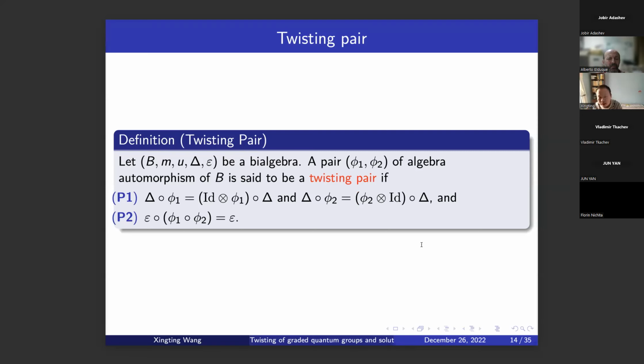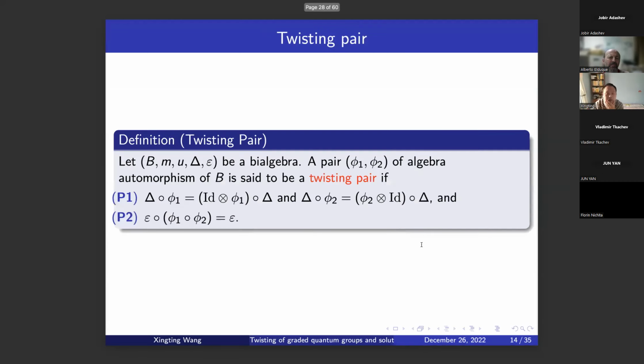The first one you can say in this easy way: if you think of phi 1, phi 2 as maps from B to B, they are left or right comodule maps, because if you have a bialgebra, it's a comodule over itself, right? So phi 1, phi 2 are just left and right comodule maps. That's probably an easy way to remember.